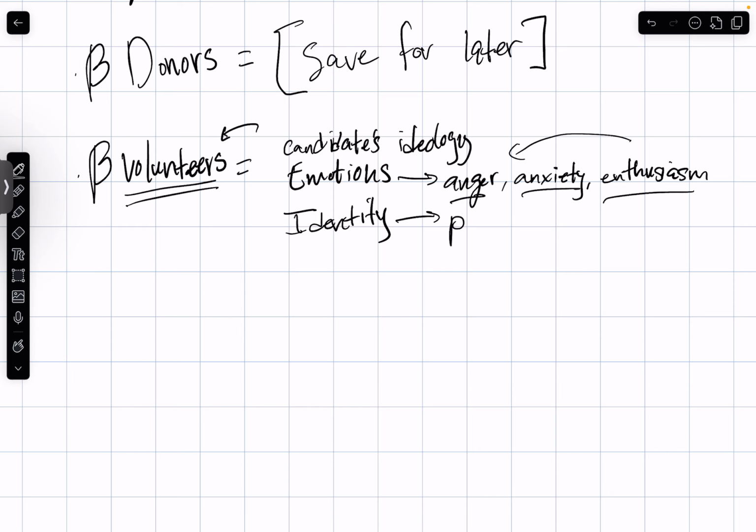For volunteers, we're usually talking about political or ideological identities here. And when these are the identities that are salient to these people, and they're strongly identifying with them, they're really concerned about getting their party or their ideology higher status.